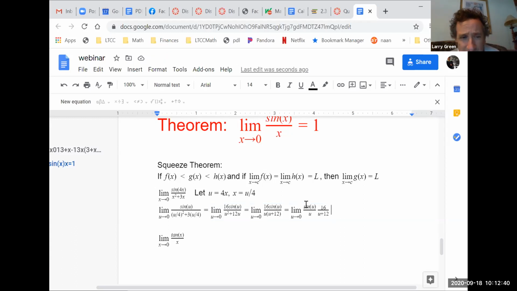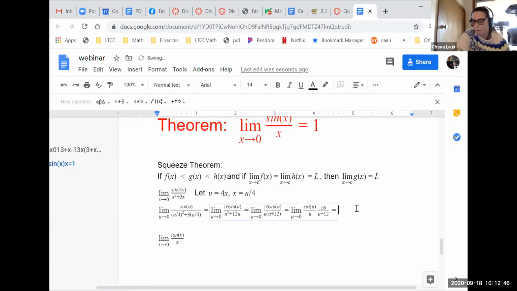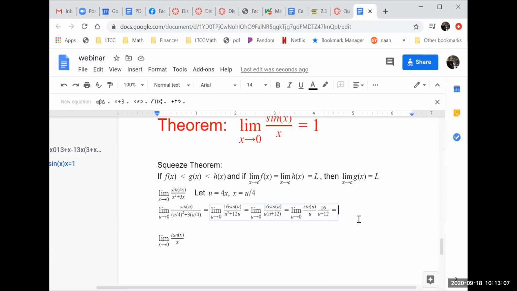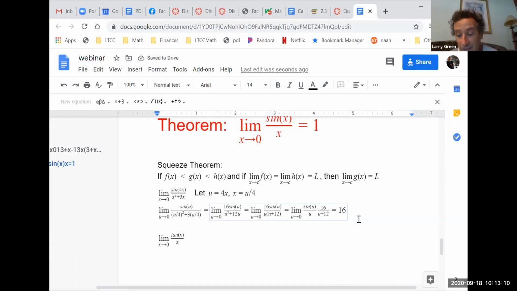Well, what do we get with sine of u over u? 1. That's just 1. How about 16 over u plus 12? That's supposed to be easy too. Yeah, but u's going to 0, so it's just 16 over 12. And that's my answer. If you feel like it, you can divide by 4 and make it 4/3, but I don't care.